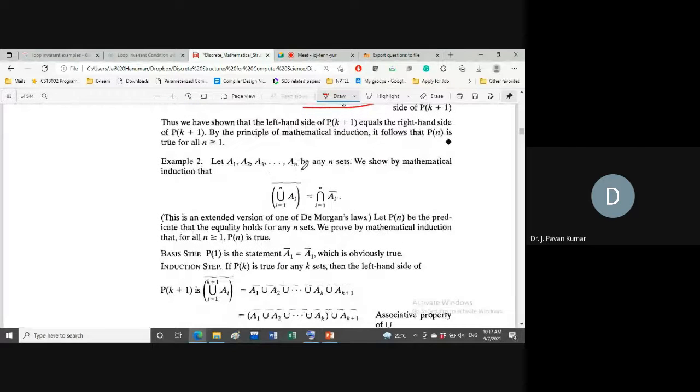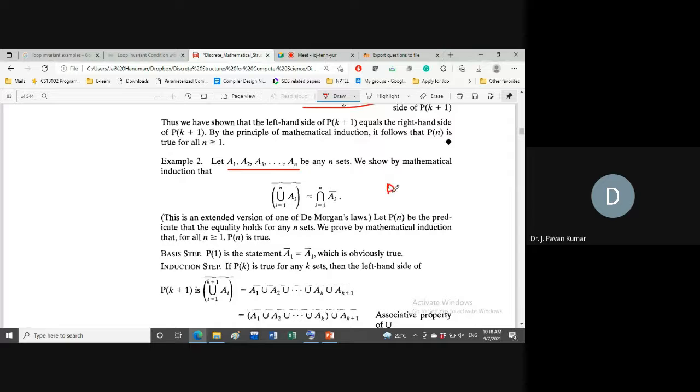Next, this we will see in detail. Consider a1, a2, a3, and so on up to an to be any sets. Now we have to show that the complement of the union of a1, a2, a3, and so on up to an is equivalent to the intersection of their complements.